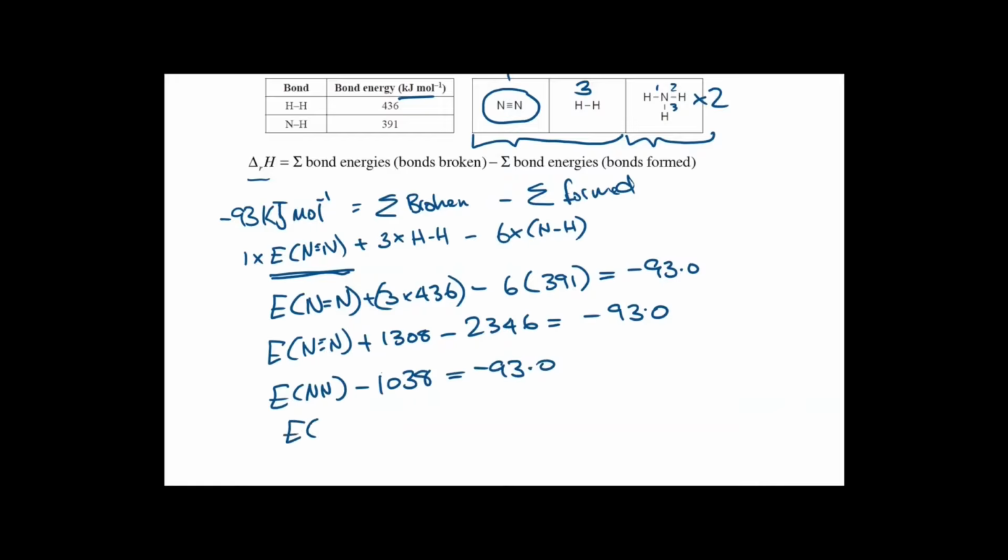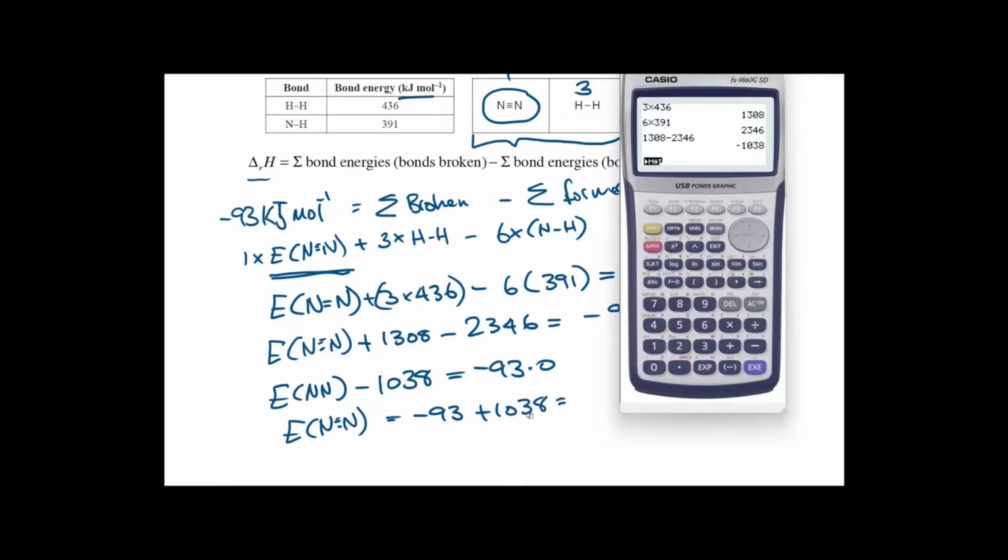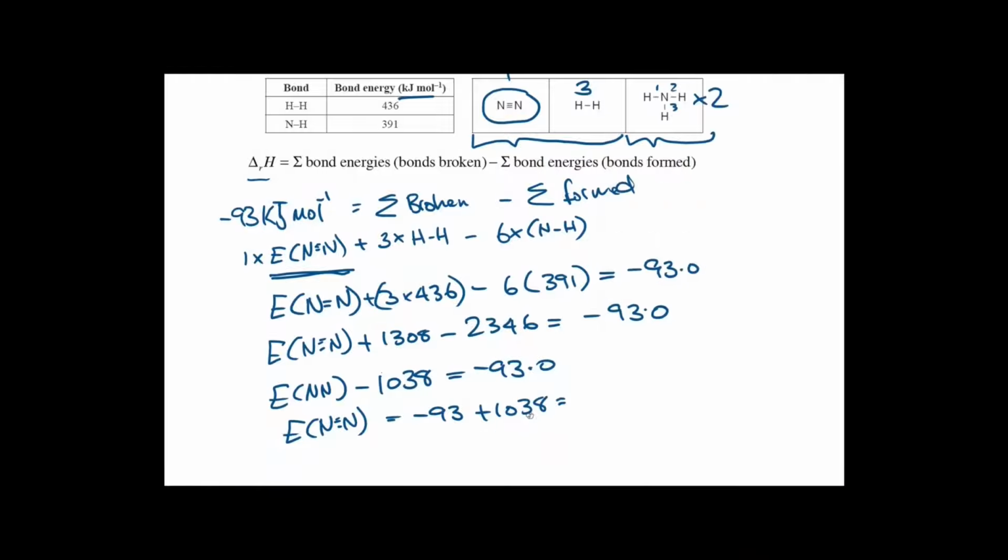So this N triple bond is going to be equal to minus 93 plus 1038, and that's going to be 1038 minus 93 is 945 kilojoules per mole, and that's the answer.